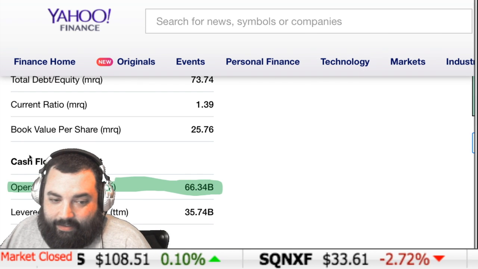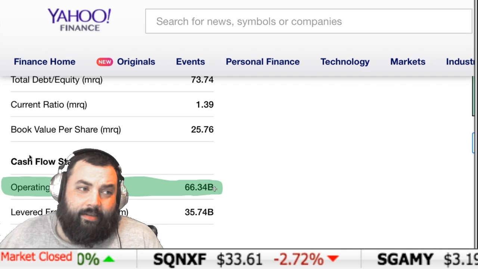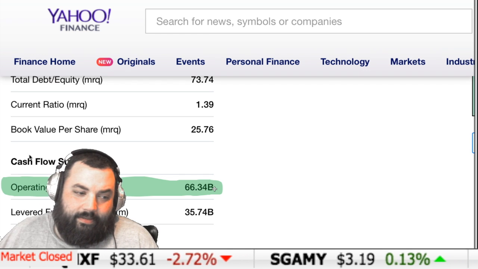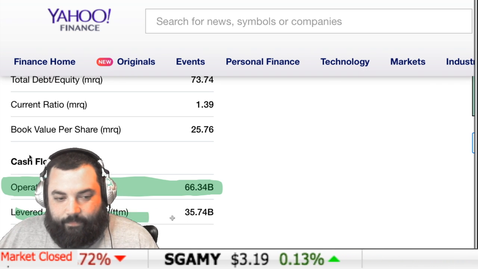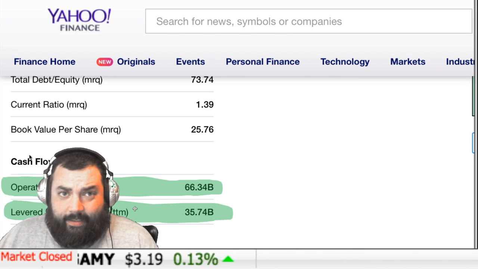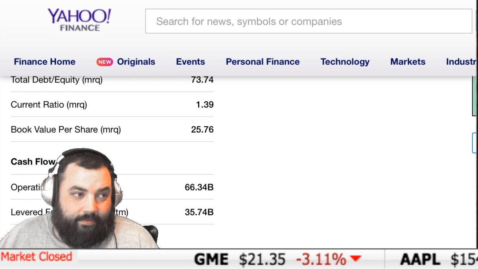So you want to see them compared to the size of the company they are. Are they generating enough cash to fuel future things? And then you have your levered free cash flow, which is your cash flow minus your financial obligations. This is the more important of the two, I believe.